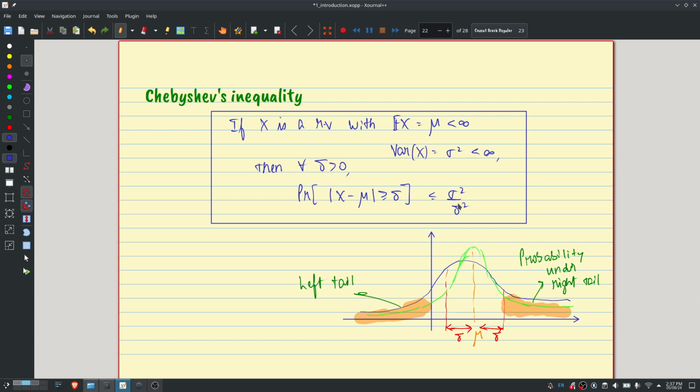Now, immediately you see when we go from Markov's inequality to Chebyshev's inequality, we go from a 1 by delta bound to a 1 by delta square bound. Right? For delta large enough, obviously this is a better bound than Markov's inequality. Right? But the only problem is that you need to know some more information, which is the variance.